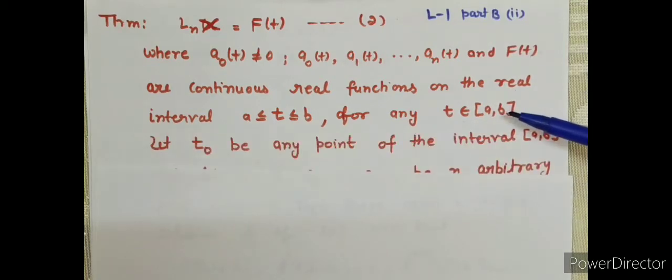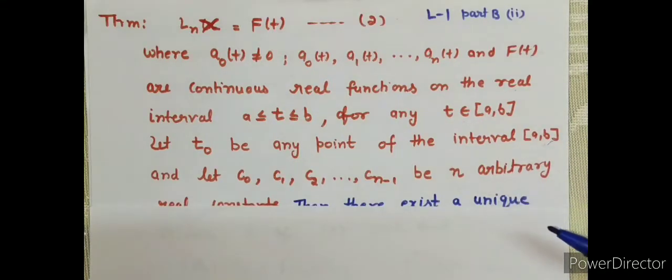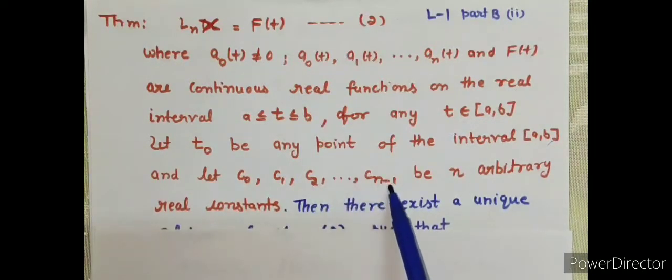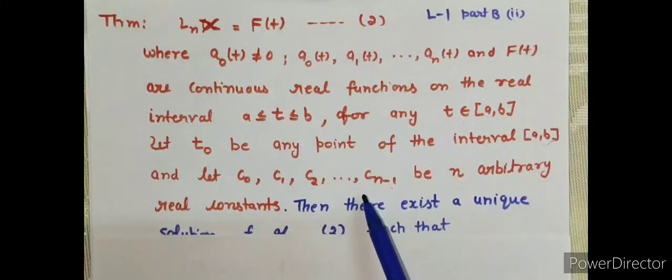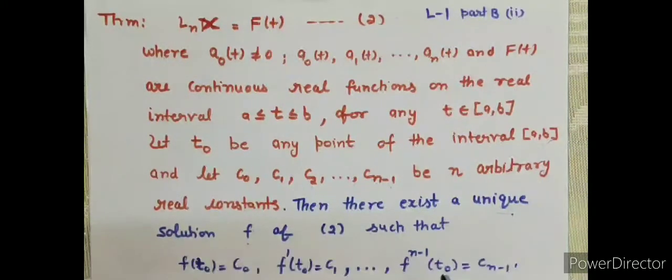And now we are talking about the solution. Let us take any point t0 in the interval a to b, and corresponding to this I have n arbitrary real constants, c0, c1, c2 up to c_(n-1). Then there exists a unique solution named f, a function of t, of your equation number 2, such that these n conditions are satisfied.